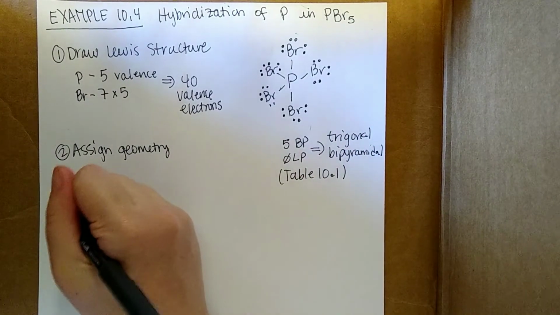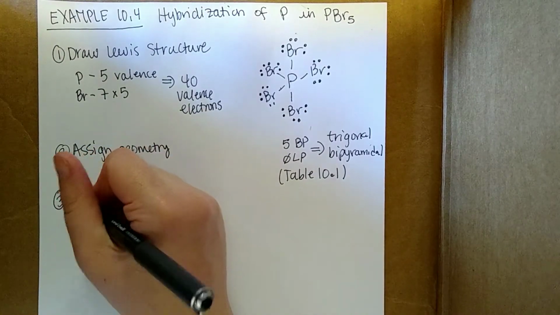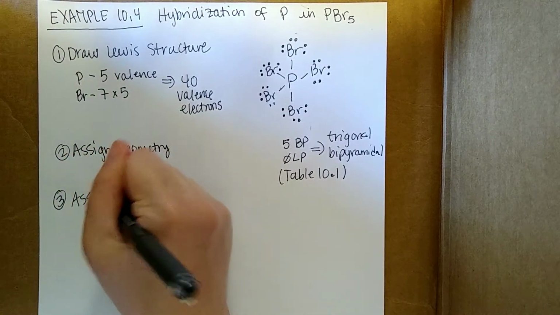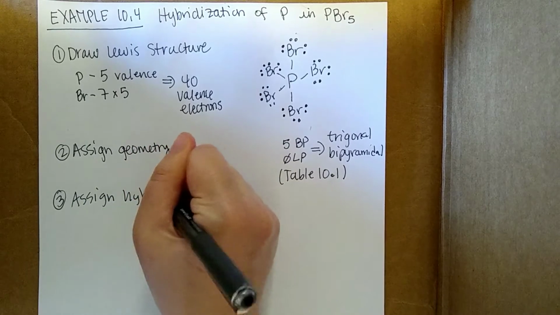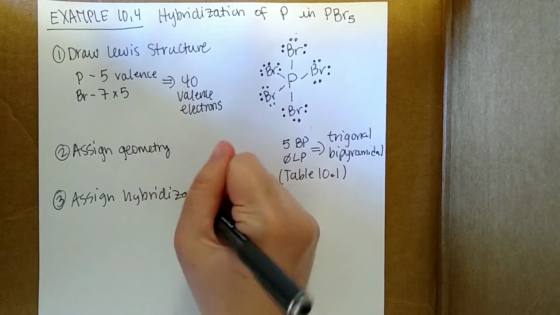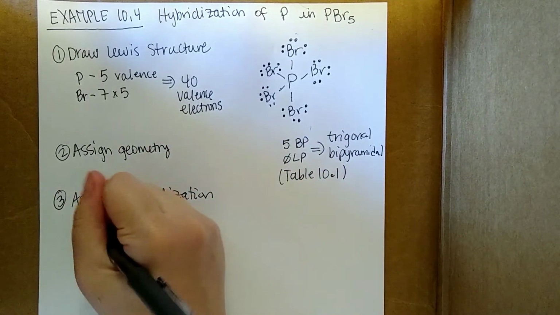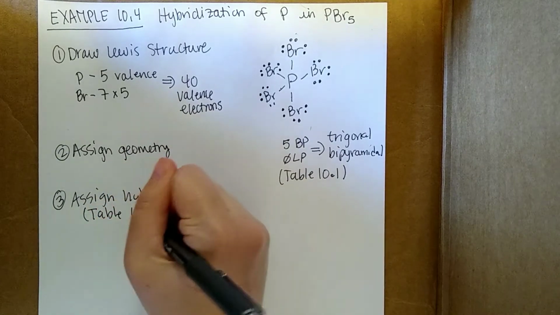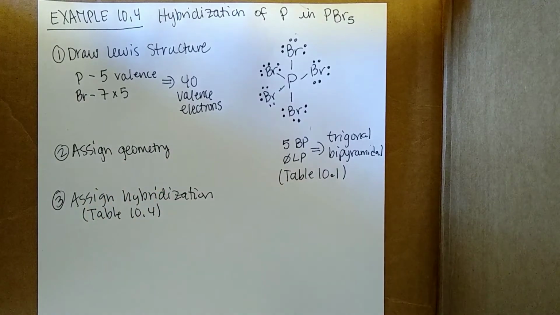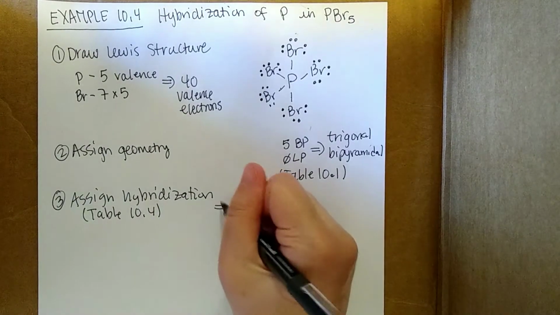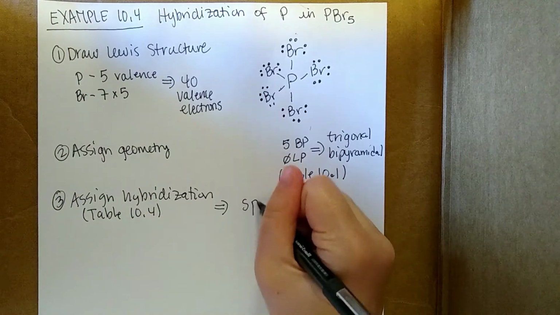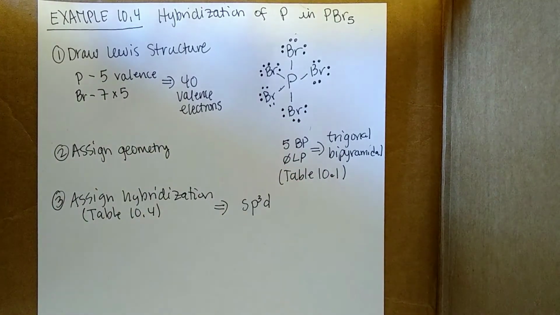So the remaining thing we have to do is to assign the hybridization. There's also a table in your book, table 10.4, that shows you the different hybridizations that correspond to different geometries. And we can look at that table and determine that this molecule has sp3d hybridized orbitals.